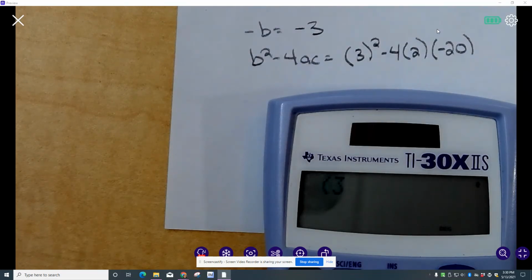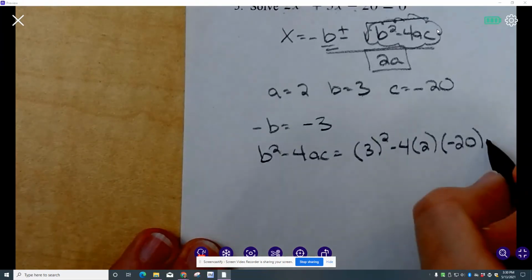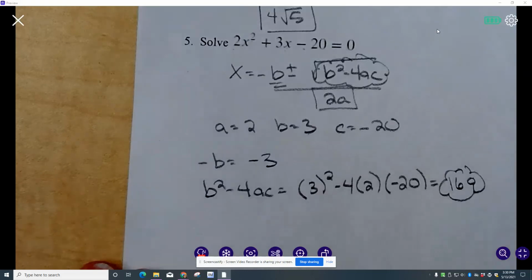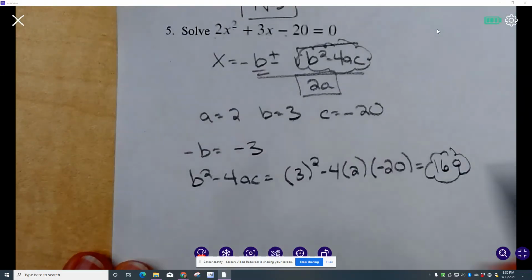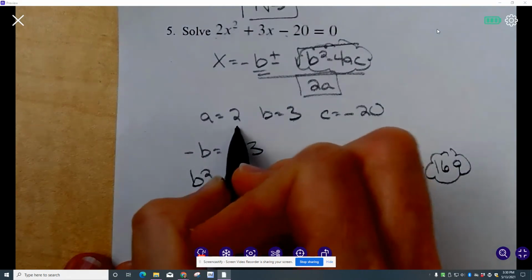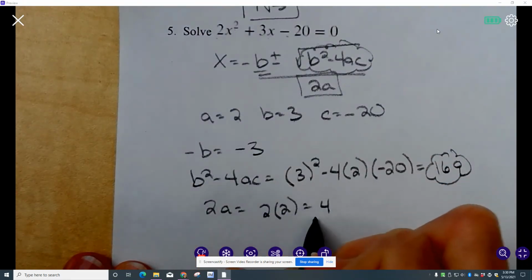Parenthesis 3, parenthesis squared, minus 4, left parenthesis 2, right parenthesis, left parenthesis, negative 20, right parenthesis, equals 169. So that's going to go into my quadratic formula. And the last part is 2 times a, which would just be 2 times 2, which would be 4.